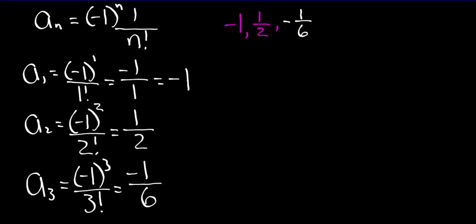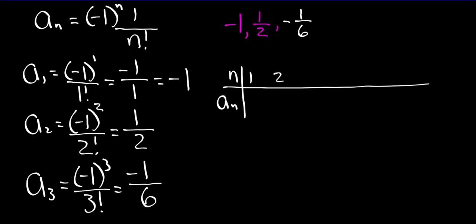Now, what we have here is an alternating sequence. It alternates negative, positive, negative, and dig this. So look at this. We have our n's, and down here we have our a sub n. Okay, a sub n, and look at how this goes. We got 1, 2, 3, 4, 5.